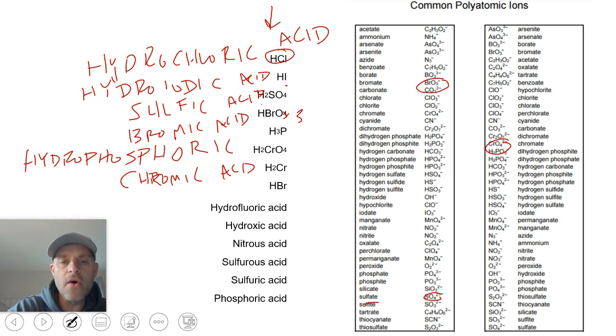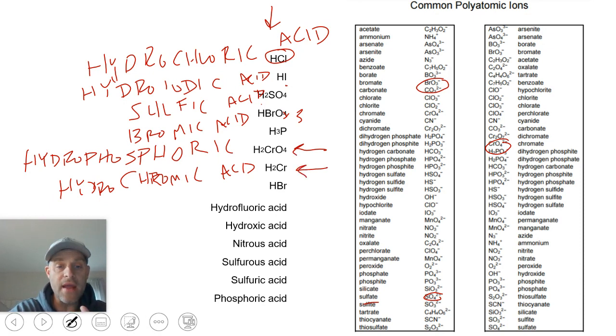What's the stem? Chrom. So now the difference is it's going to be the same as chromic acid, but it's got to start with hydro. Hydrochromic acid. So this one is chromic acid. This one is hydrochromic acid. Why? Well, this one has 2. This one has 3.